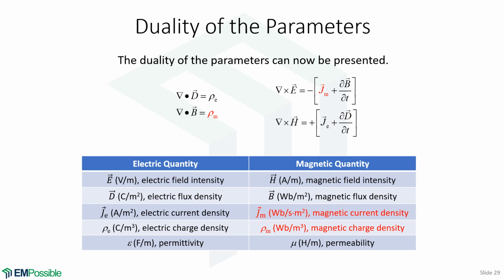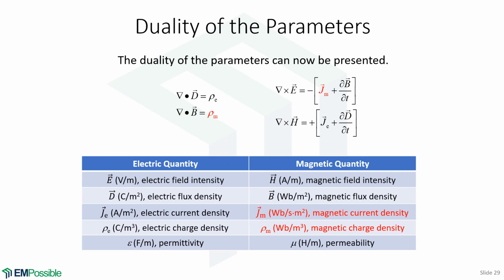So the electric field quantity E has units of volts per meter. This is the electric field intensity. Well, the dual term for the magnetic field, that's the magnetic field intensity with units of amps per meter. Both of these are the form of electromagnetic energy that exists in the field itself. And these are what's most closely related to electricity, voltage, and current. We then move down to the electric flux density and the magnetic flux density.